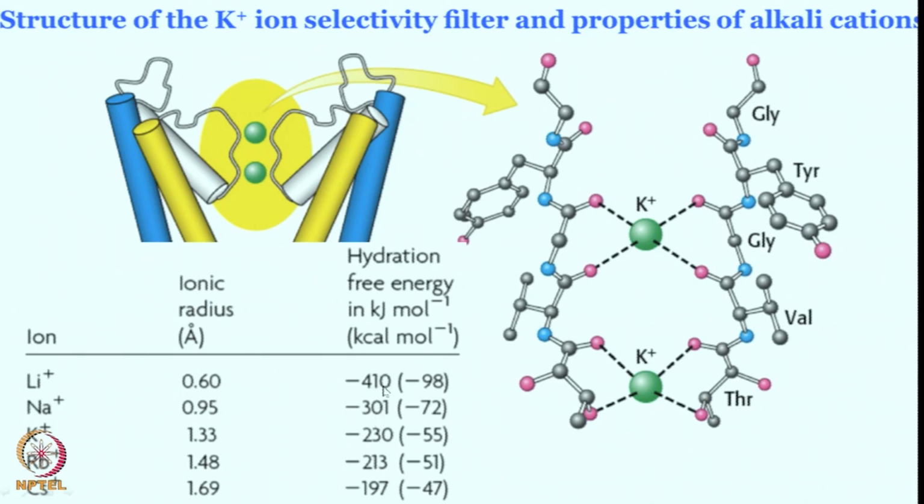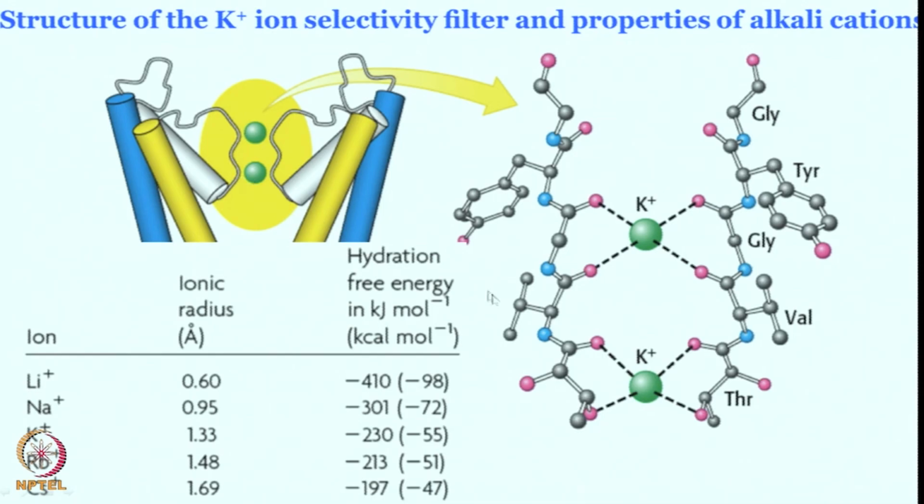So, for example 410 and 301. While they are getting hydrated, they want to stay hydrated. They do not want to go through this passage, because during passing through, some of the water molecules have to be displaced and the metal has to interact with the protein backbone.